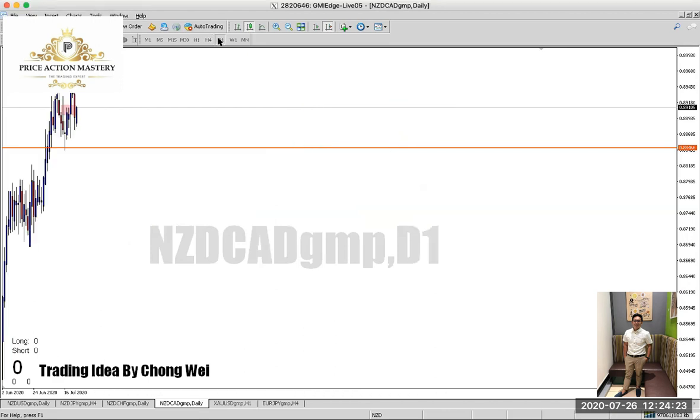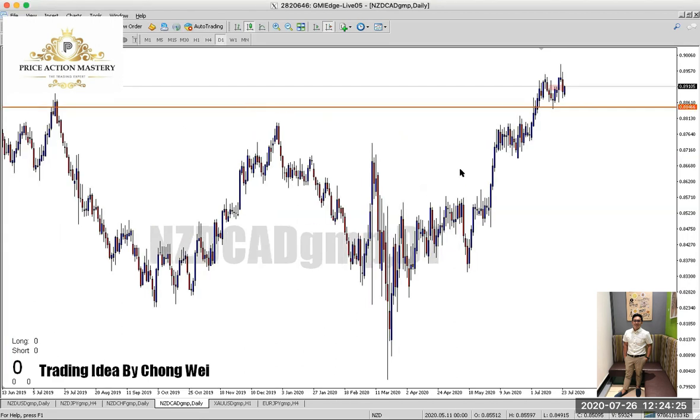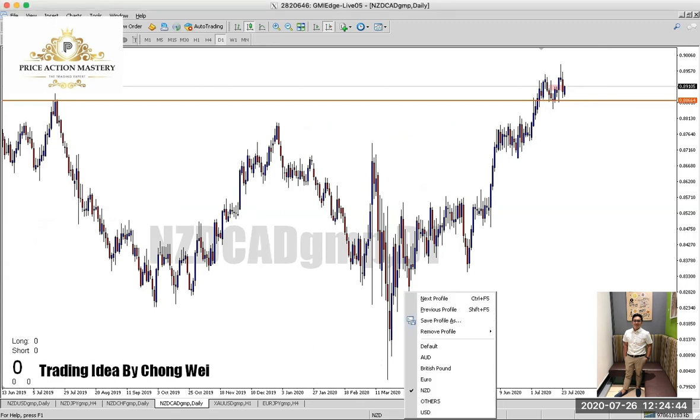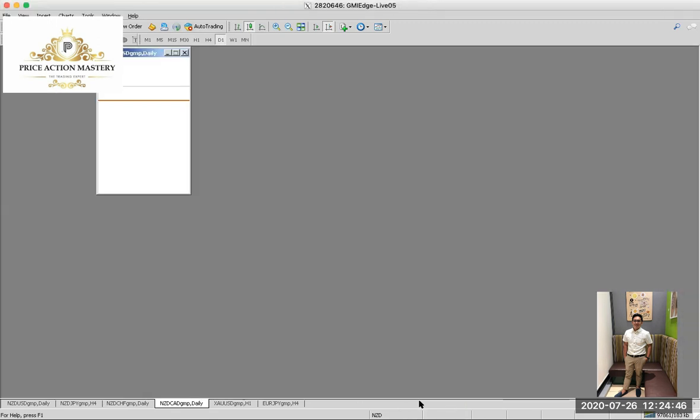New Zealand CAD. Very clear overall market upside exposure. The best for us to enter is this level for a buy trade. Maybe you see this as a support, but I can tell you this is the key line that I mentioned, which is stronger than support or even resistance.